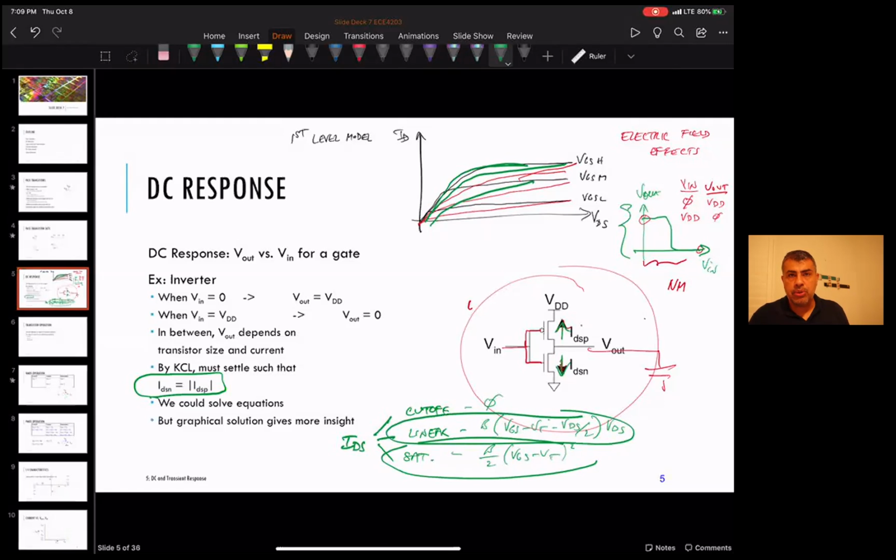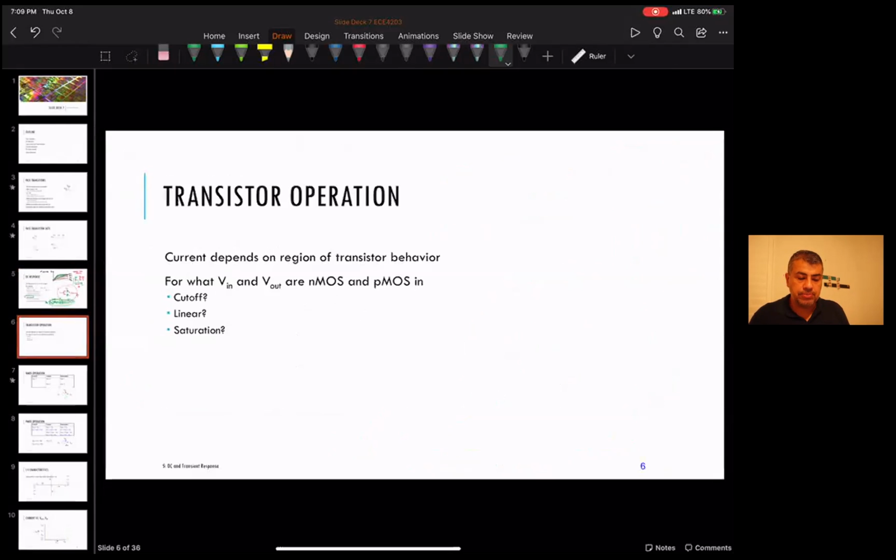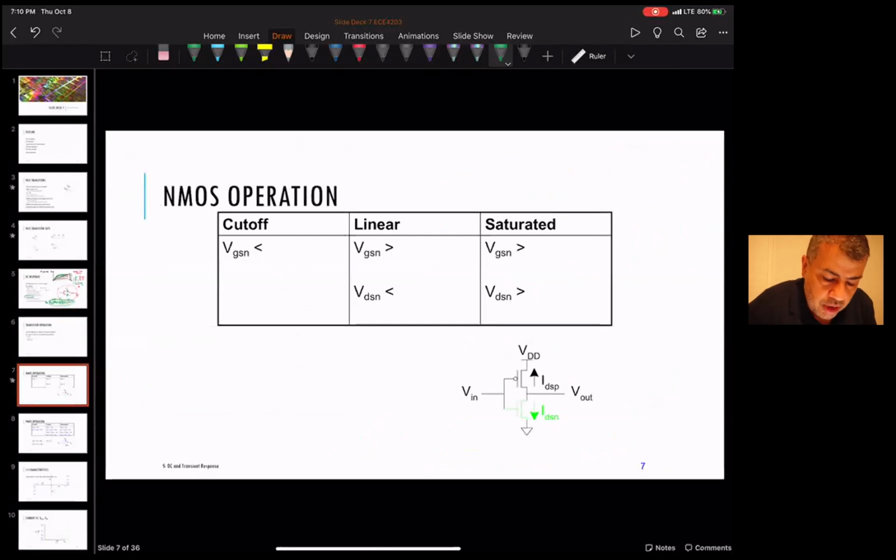And a graphical approach is basically a load line approach. The first thing you'd want to do is figure out, depending on what the inputs and the outputs are, what operating mode these different devices are in. So let's take the NMOS transistor in an inverter. Let's start with the different modes here.